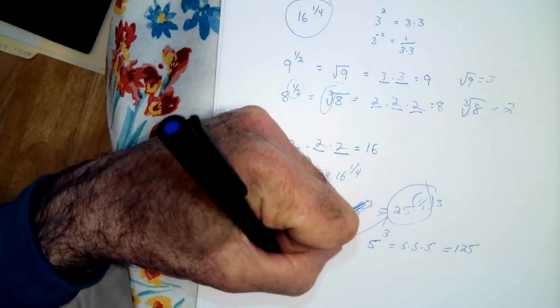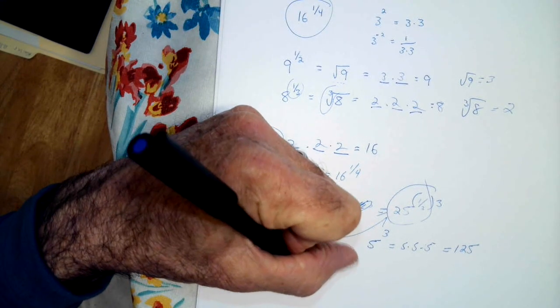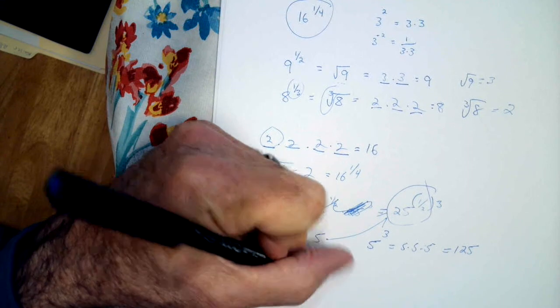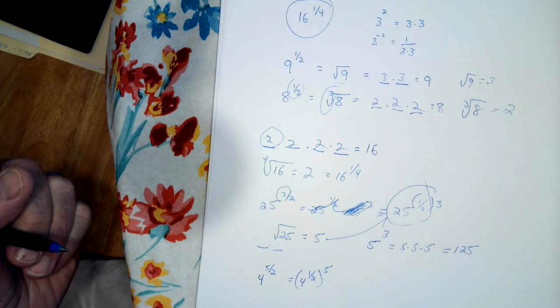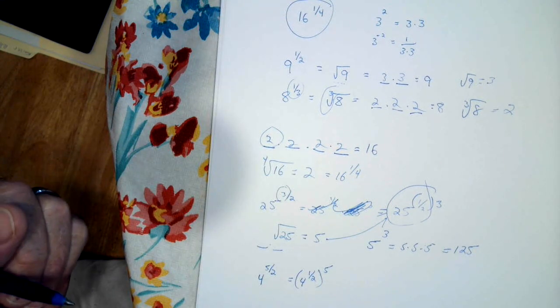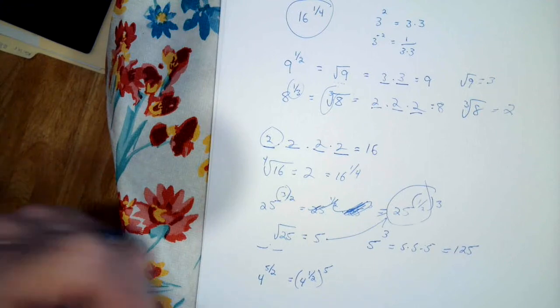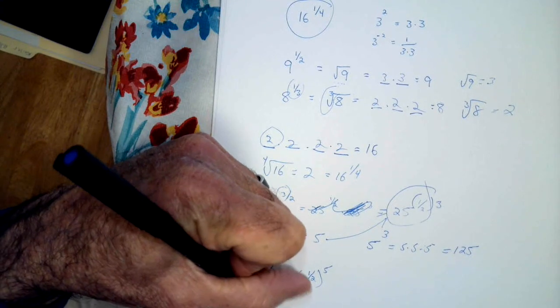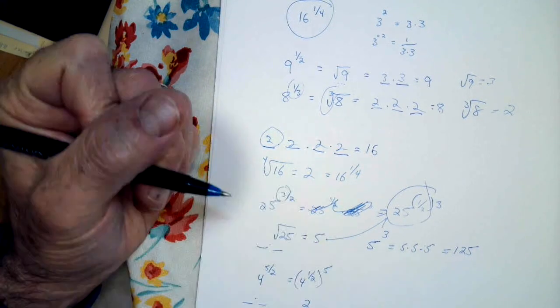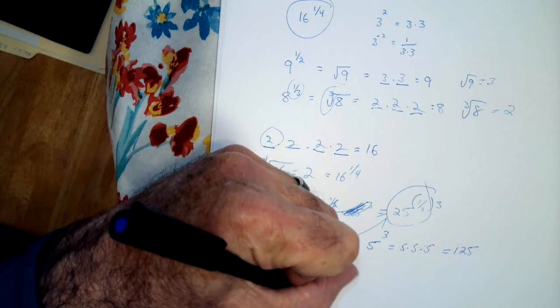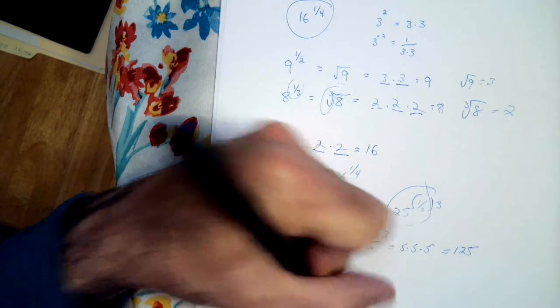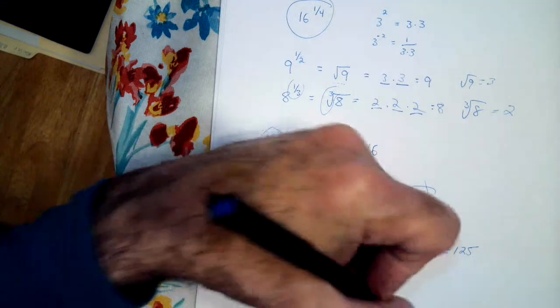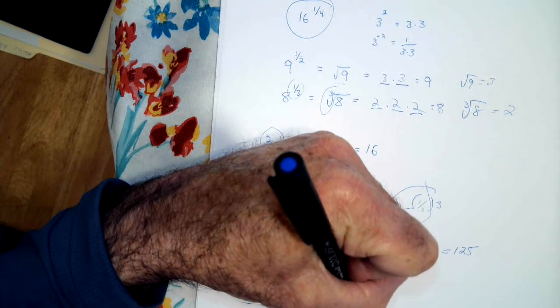So that's 4 to the 1 half, whatever that is, to the 5th power. 1 half times 5 is 5 halves. So 4 to the 1 half, or what times what is 4? Well, that's 2, to the 5th power. And that's equal to 2 times 2 times 2 times 2 times 2, which is 32.